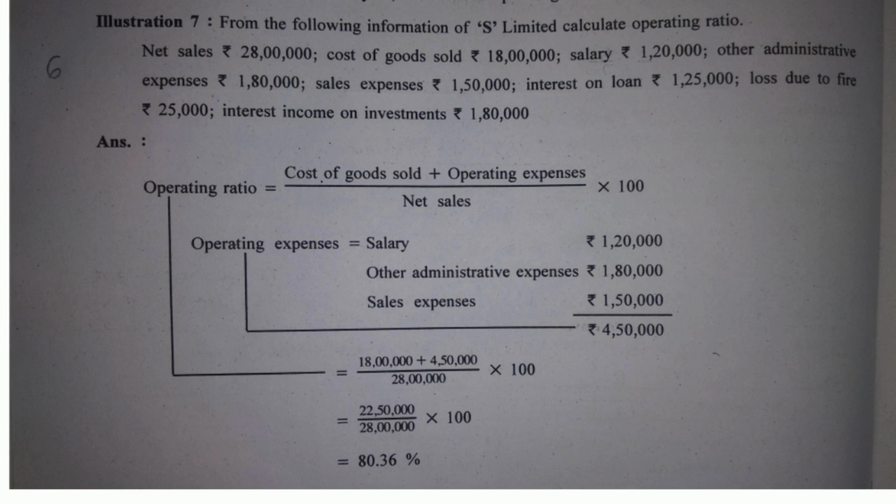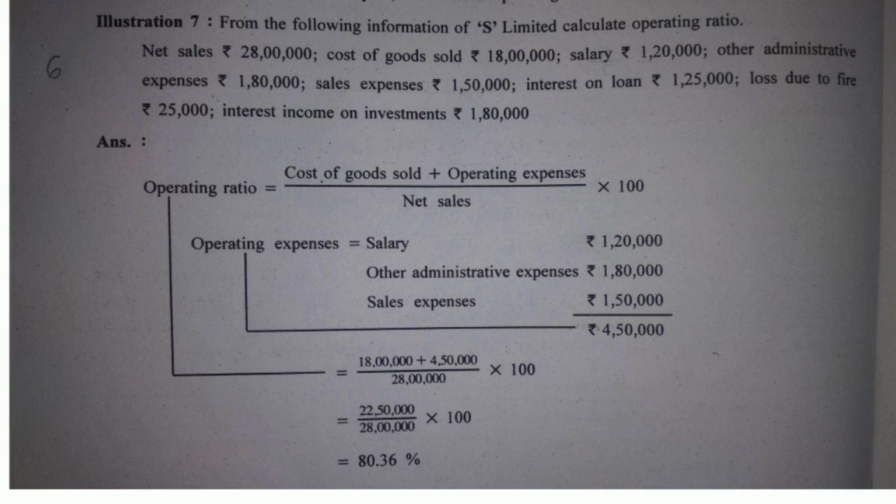What is the formula for operating ratio? It is COGS plus operating expenses upon net sales into 100. We need three items: COGS, operating expense, net sales, out of which COGS is given, sales is given. We are obtaining operating expenses now, which is given after the formula.